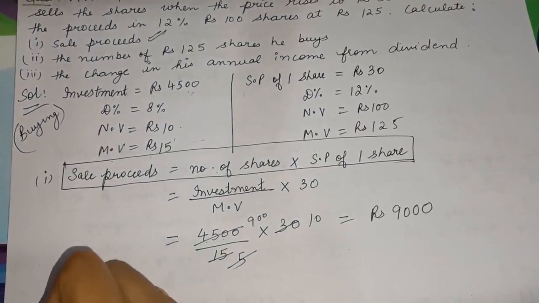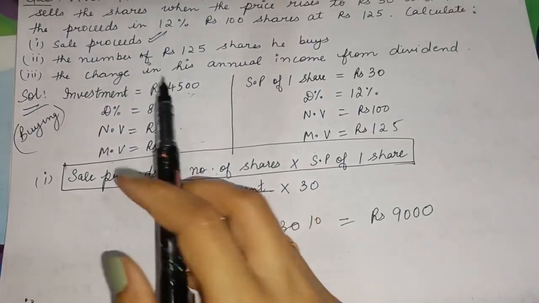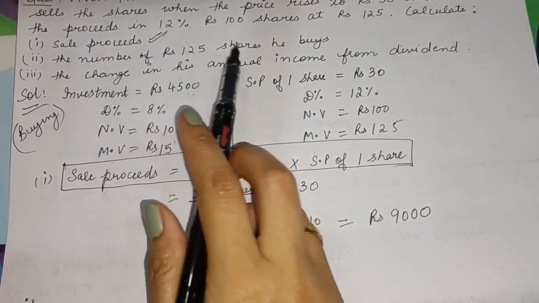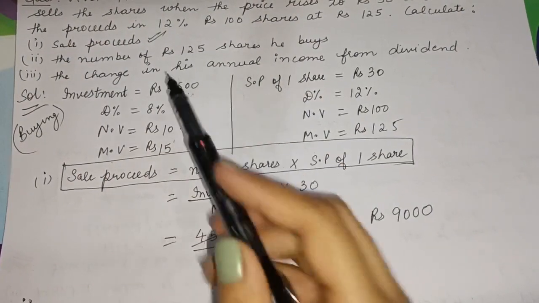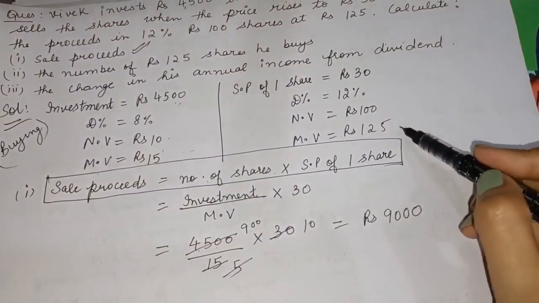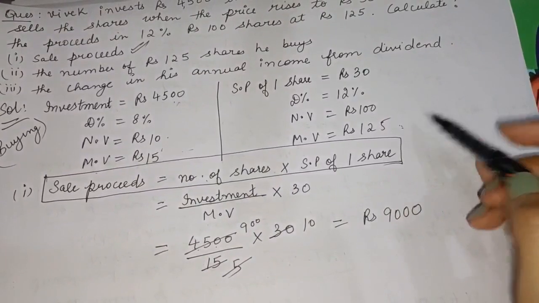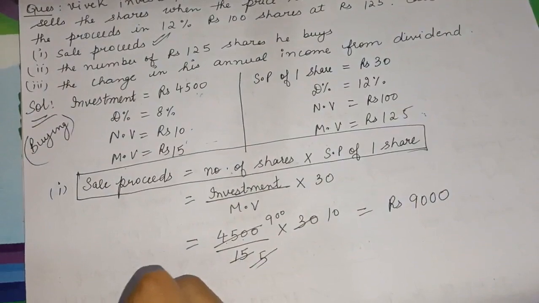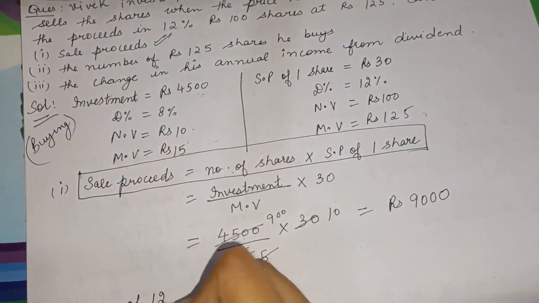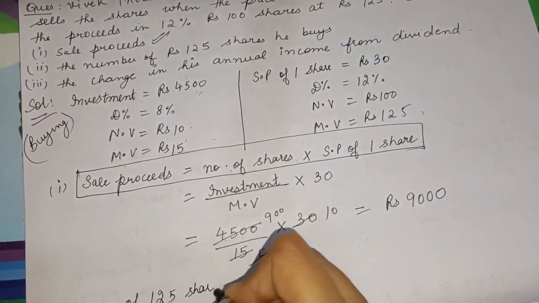Now what do we have to find next? The number of 125 shares he buys. For this we have to find the number of 125 shares. What does this mean?